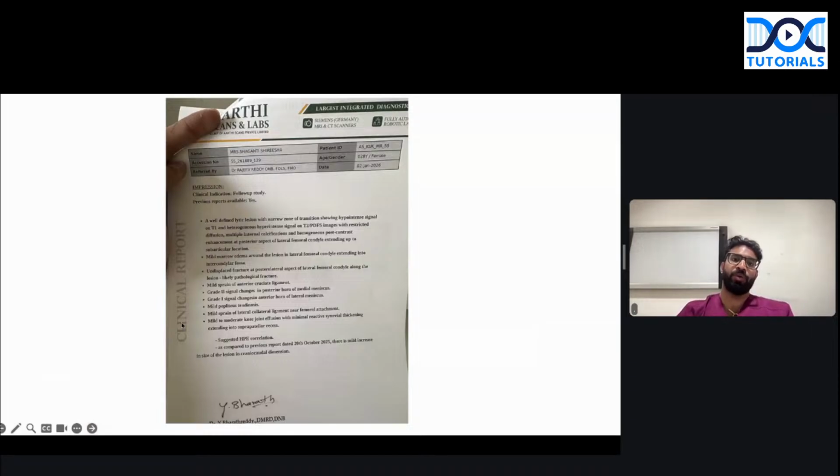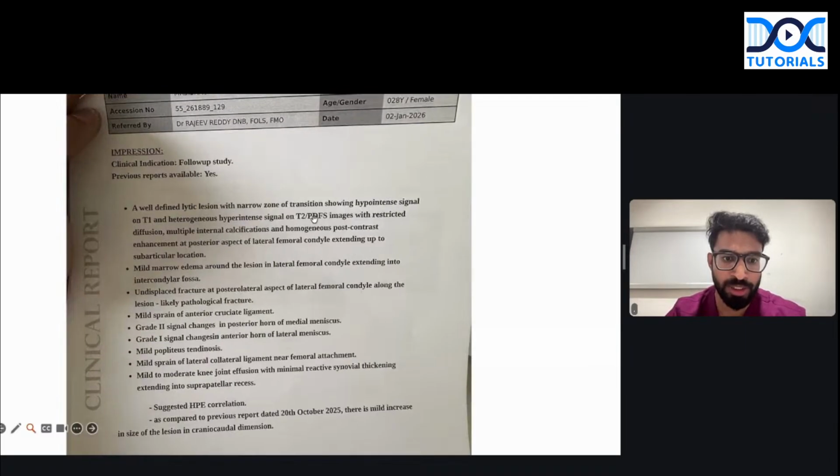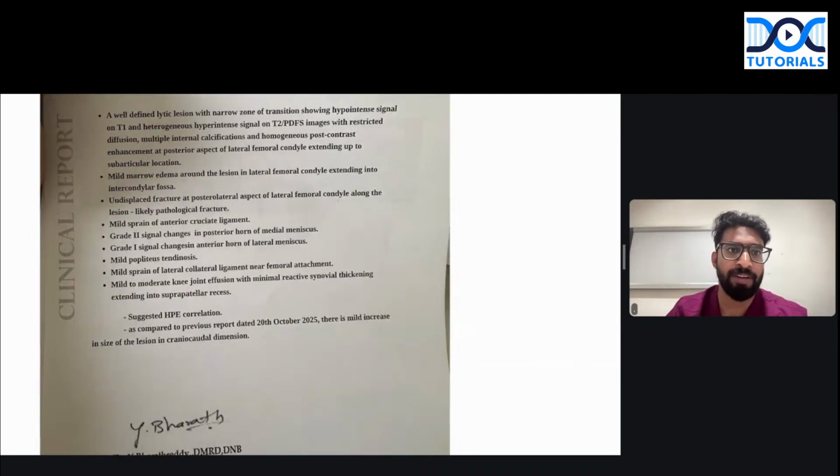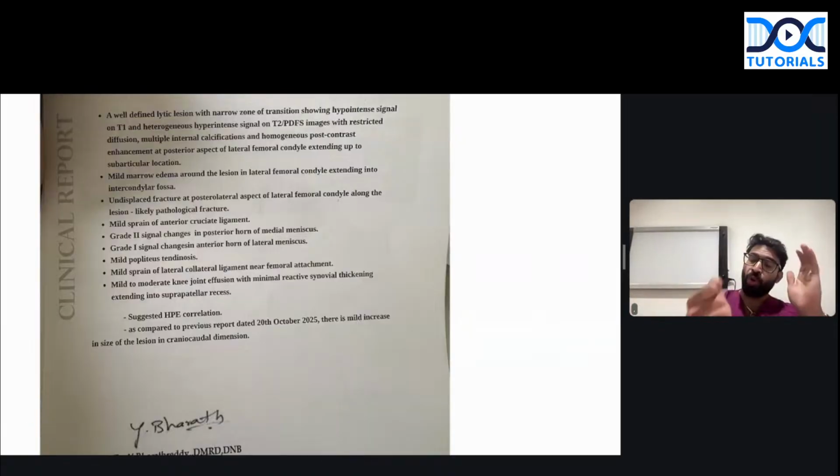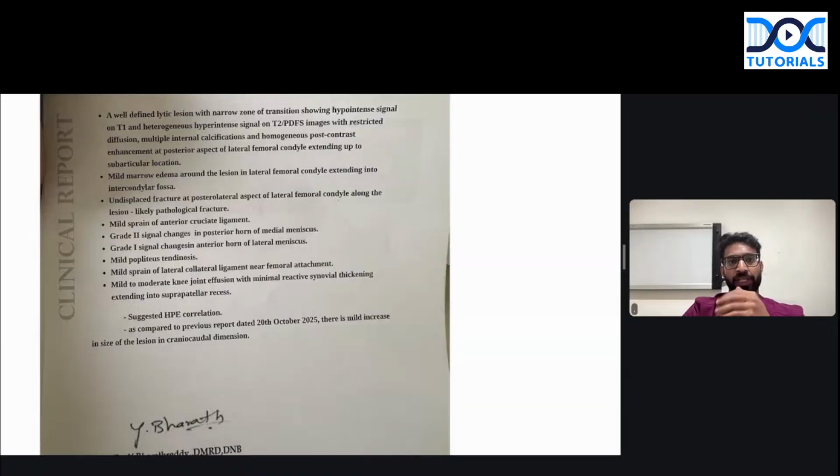When you see the MRI, it will suggest a well-defined lytic region with a narrow zone of transition. What is the zone of transition? The zone between the lesion and the normal bone is the zone of transition. In any tumor case, it is always important to mention the zone of transition.